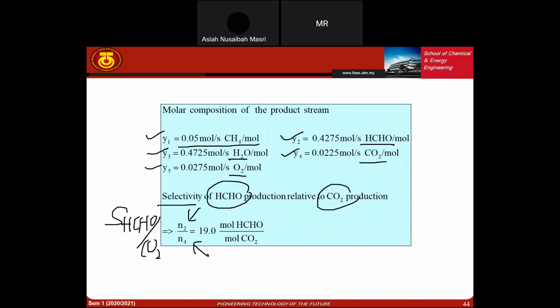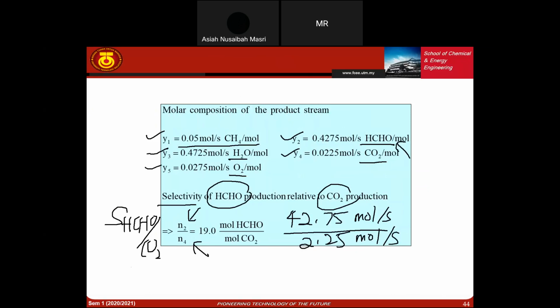In the previous slide, we have moles of formaldehyde as 42.75 mole per second, or simply Y multiplied by 100, which is the N total, over CO2, which is 2.25 mole per second.